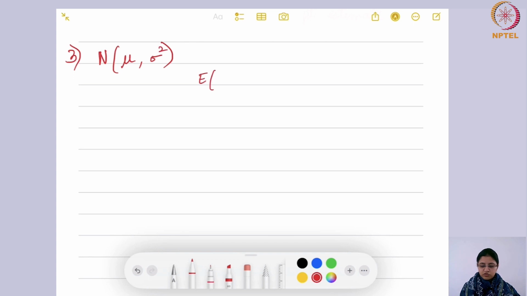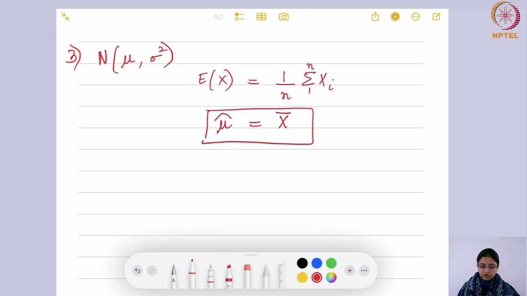Expectation of x would be compared with the sample moment 1 over n summation xi. Expectation of x, the mean for the normal distribution, is just mu, and here it is x bar. So mu hat, the method of moments estimator for the population mean, is just the sample mean, right?